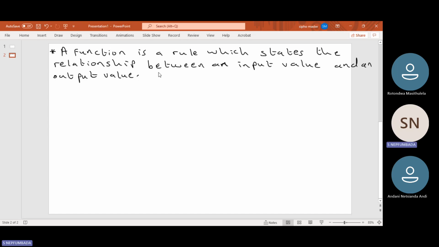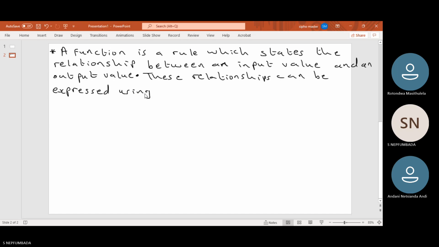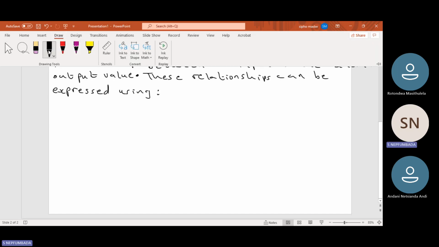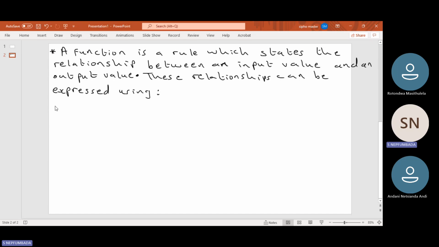So those relationships can be expressed using what we call formulas.